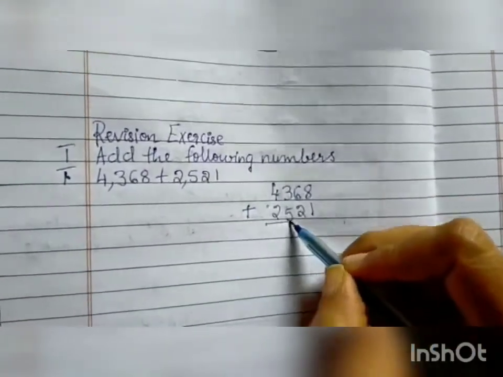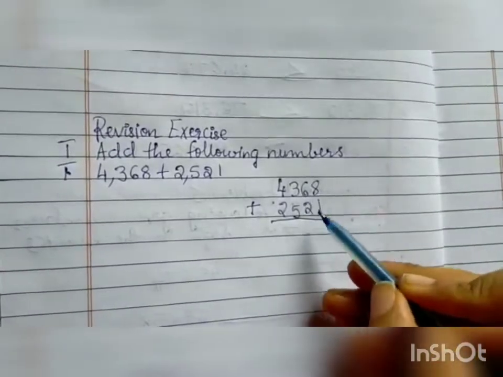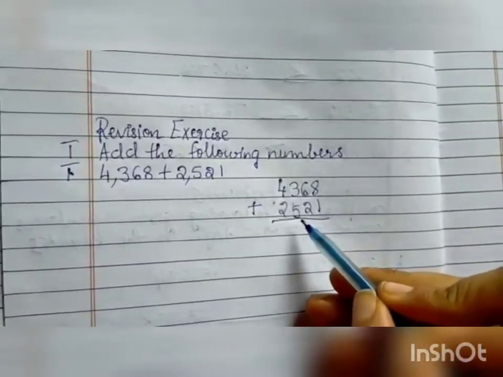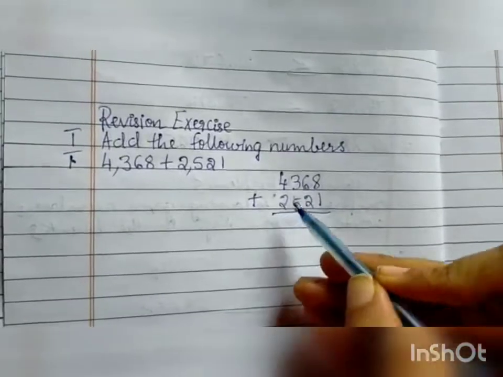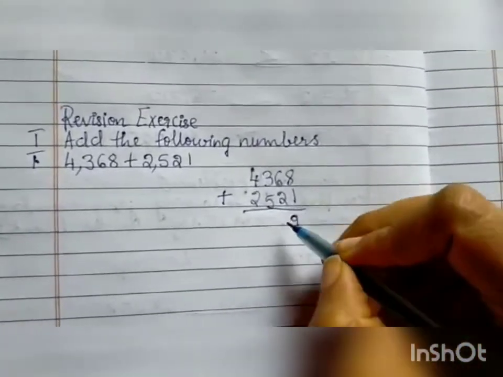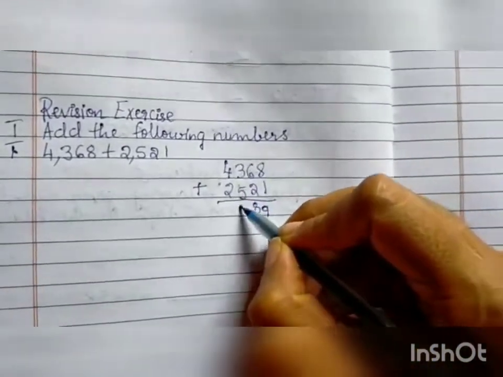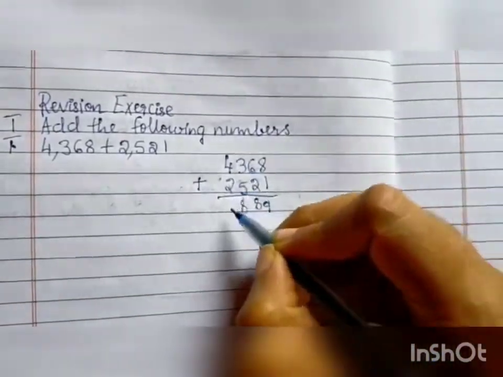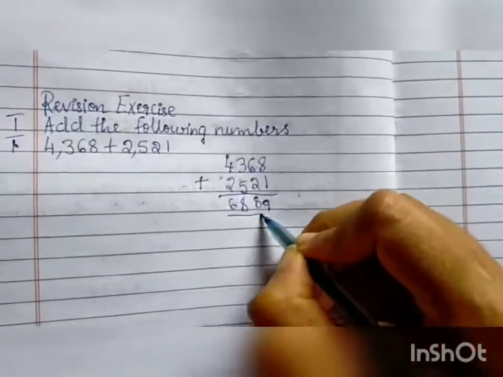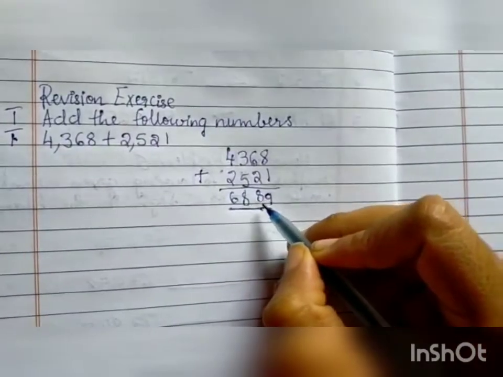Now we are going to add from the unit place, then tens, then 100, and last will be the 1000 place. So 8 plus 1 will be 9, 6 plus 2 will be 8, 3 plus 5 will be 8, and 4 plus 2 will be 6. So the answer which we got is 6889.